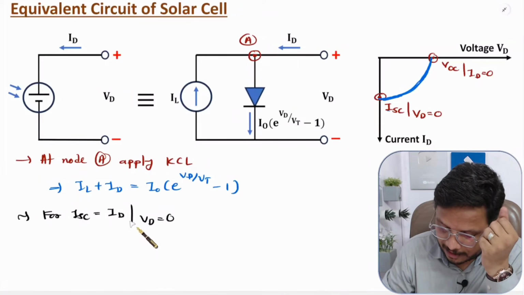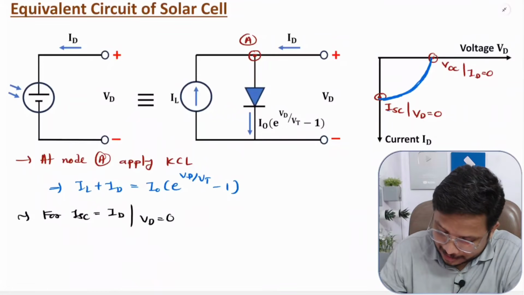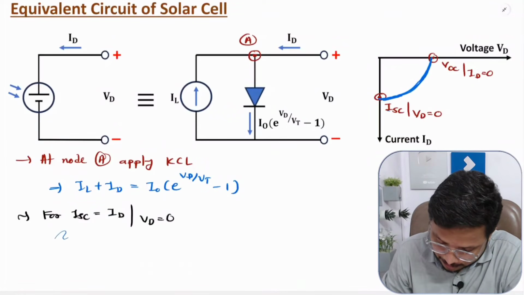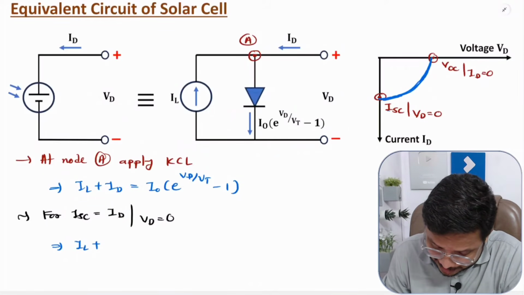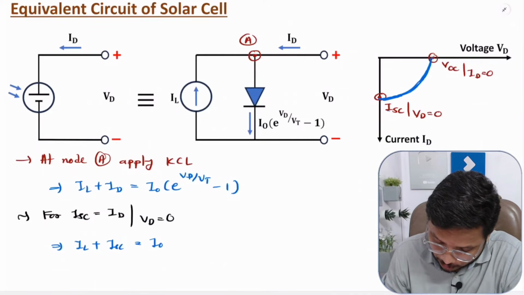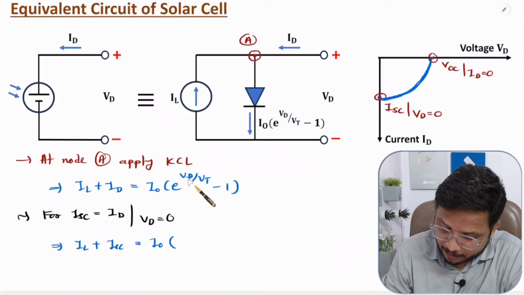Just apply this in the equation and let us see what our answer is. IL plus ID is ISC, that is equal to I naught into e to the power VD minus 1.